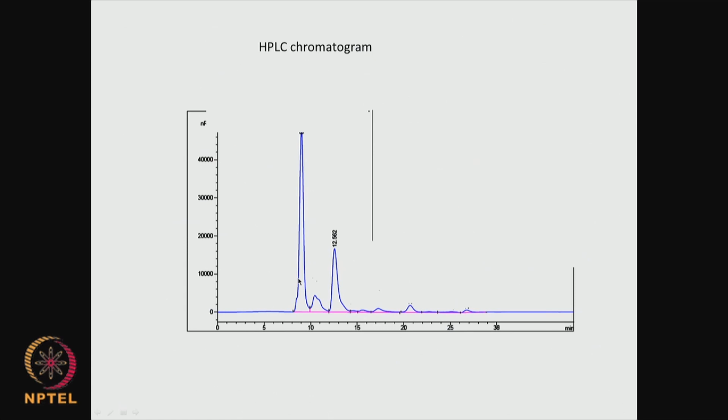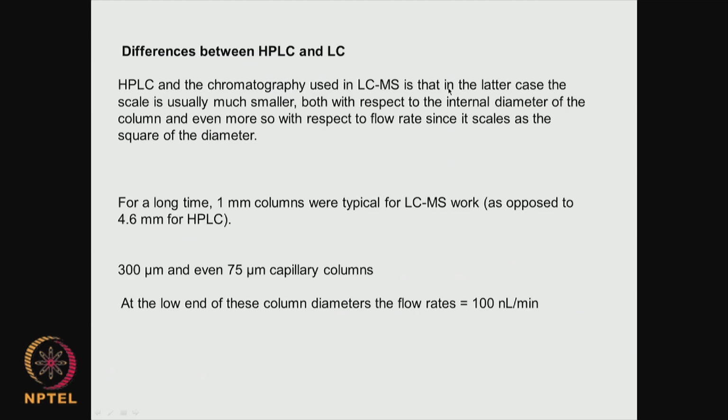Now what is the difference between HPLC and liquid chromatograph? HPLC and LC. LC is much smaller than HPLC with respect to the internal diameter of the column, and also with respect to the flow rate, whereas HPLC may have higher flow rate and it may have a larger diameter column. If you look at LCMS, generally the column size could be 1 mm, whereas in HPLC the column size, that is diameter, could be 4.6 mm.